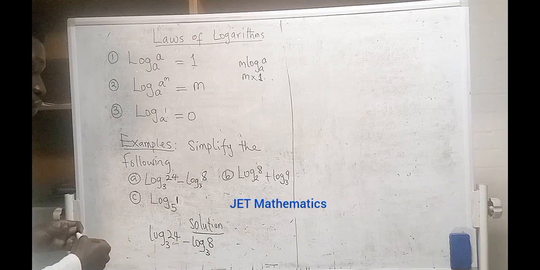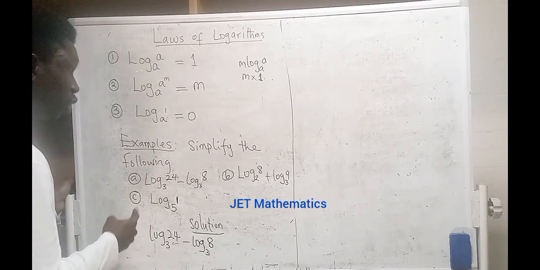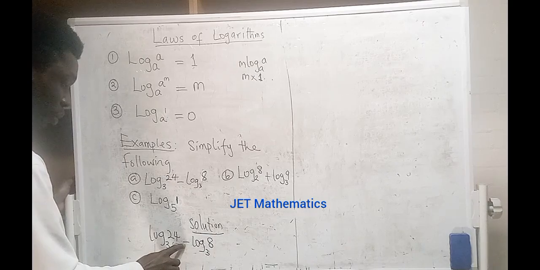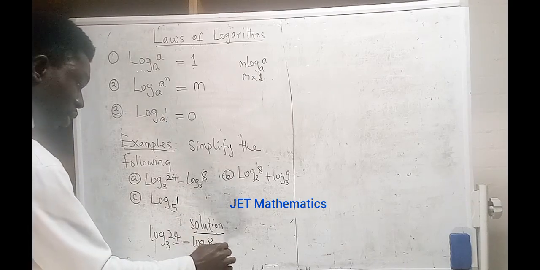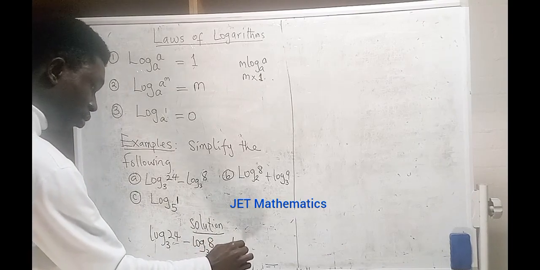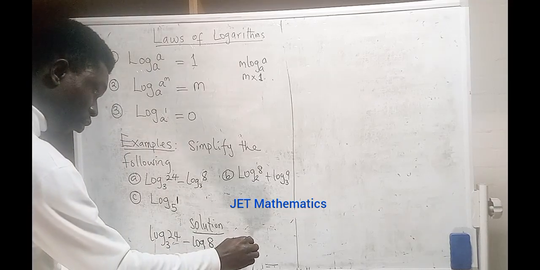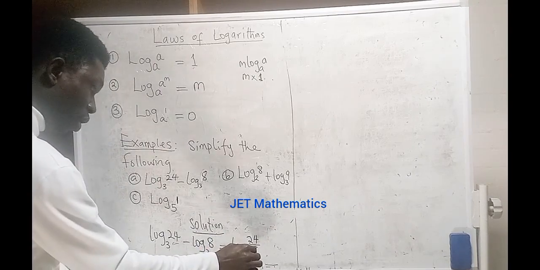Now we already know from our previous video, laws of logarithm part 1, that when the bases are the same and in subtraction, we divide the logarithms. So we say this is log 24 divided by 8 to the base 3.